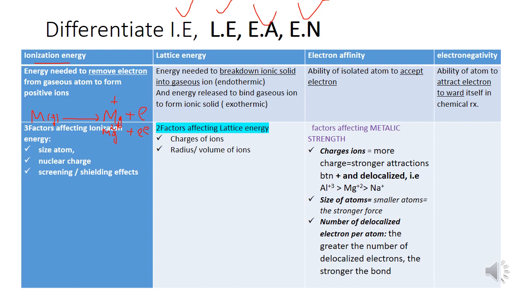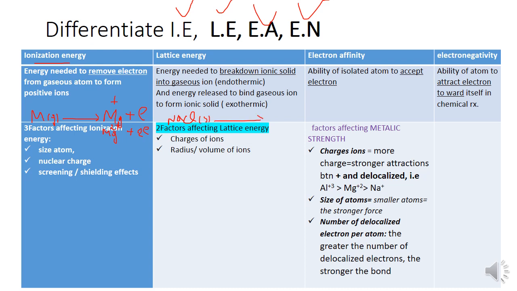What about lattice energy? Lattice energy is the energy needed to break an ionic solid into gaseous ions, which is endothermic, and the energy released when gaseous ions bind to form an ionic solid. Here we have an ionic solid.